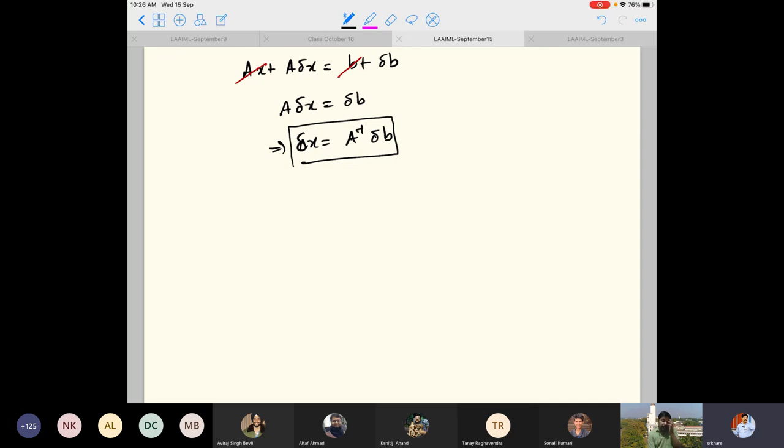So which direction delta B should be to inflict maximum pain on delta x, and which direction delta B should be so that it will not be that much of a trouble?